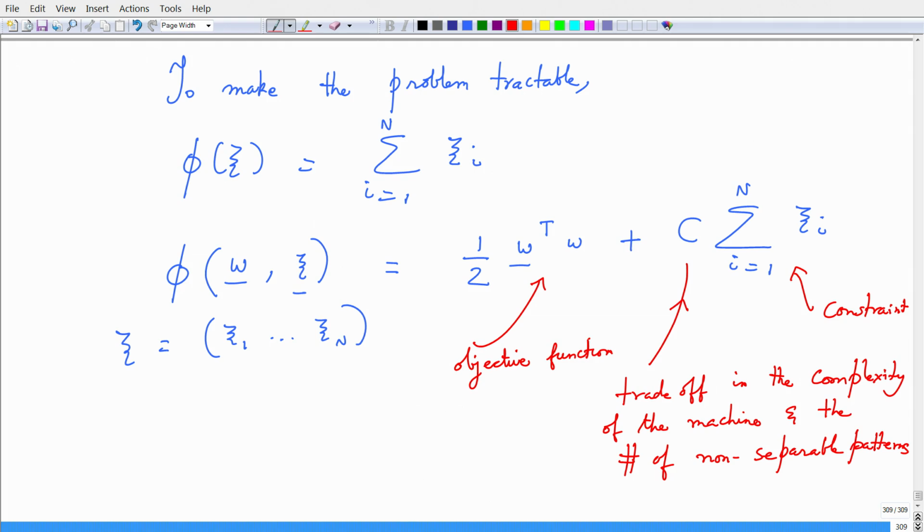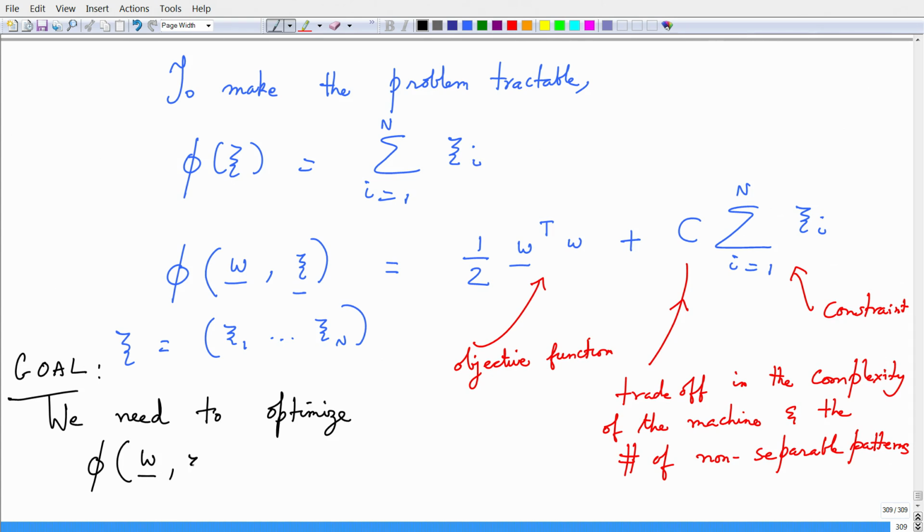So the goal that we have is we need to optimize phi of w and zeta, this function of w and zeta, with respect to w and zeta i's, i going from 1 to n.